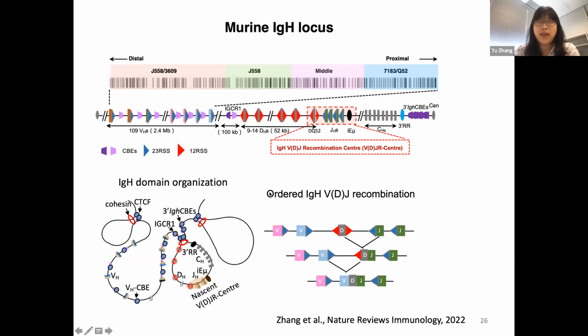Because the D segments are flanked by RSS on both sides, they can join to both J RSS and also V RSS. And IgH-mediated recombination is an ordered process, as I mentioned earlier, in that D to J joins first, followed by V to DJ joining.